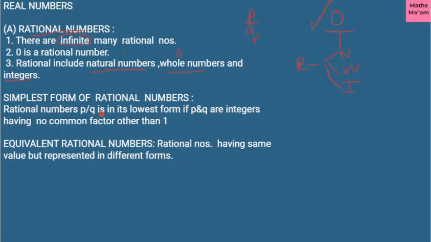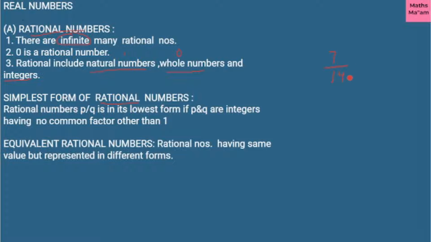Next, we should know the simplest form of any rational number. What is the simplest form of any rational number? It means that the fraction should be in the smallest form, which can further not be divided. For example, you have a fraction like 7 by 14.